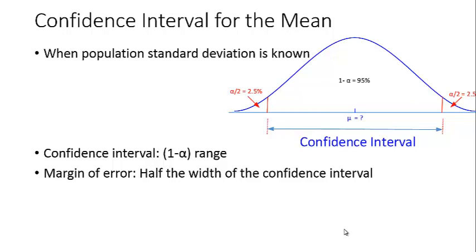We don't know our estimate is less than or greater than the value we considered, so we split that 5% into 2.5%, and 2 tails. And the distance from the center to each of those 2.5% areas will be our margin of error.